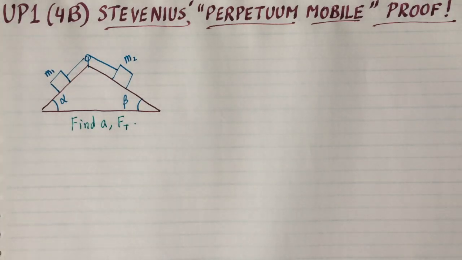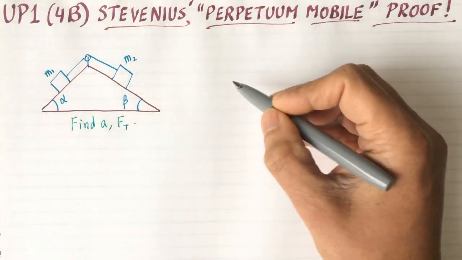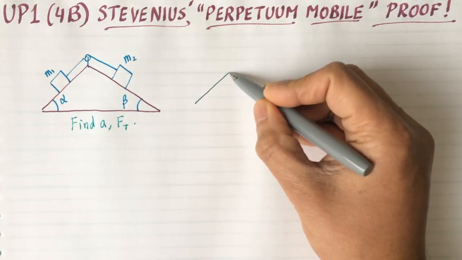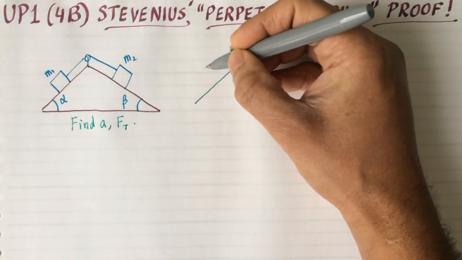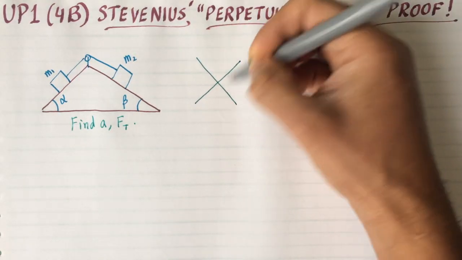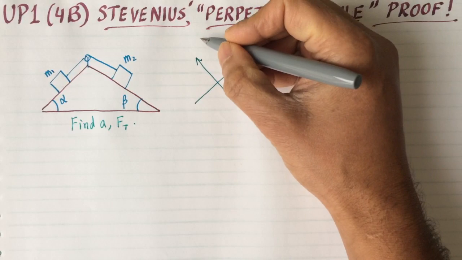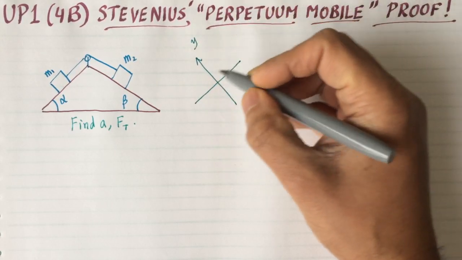So the way we do this type of problem is to proceed by the usual methods of free body analysis. For the mass m1, I'm going to create a free body diagram with respect to the reference frame indicated here.